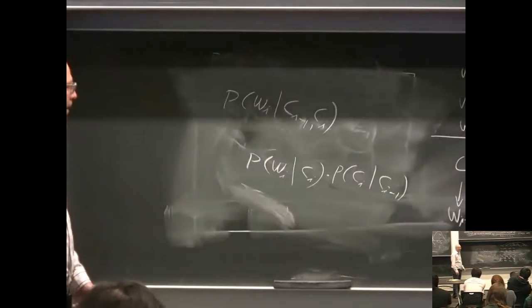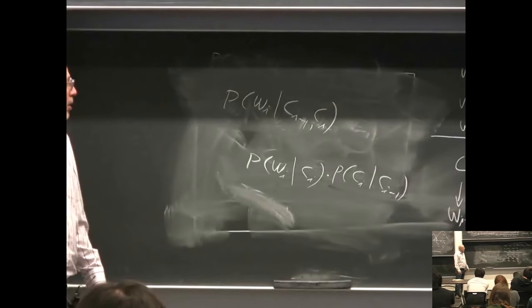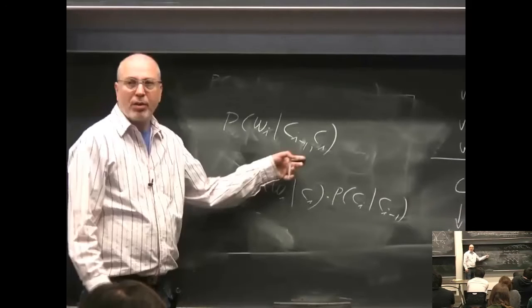Also the probability of Ci given Ci minus 1?